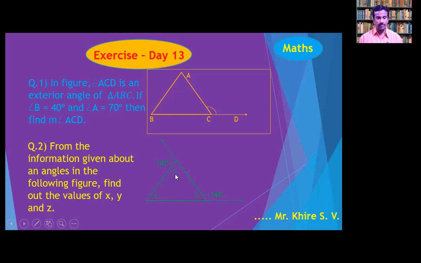Put the values: 80 plus y plus 40 is equal to 180. Therefore, y plus 120 is equal to 180, so y is equal to 180 minus 120. Therefore, the value of y is 60 degrees. X, y, and z.